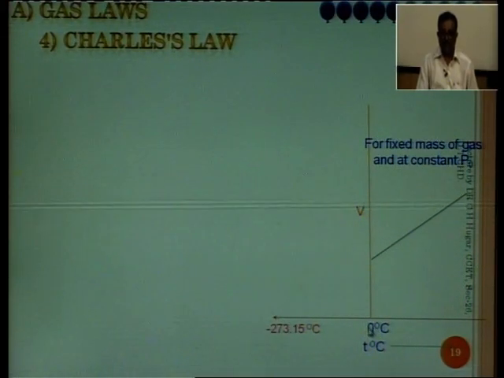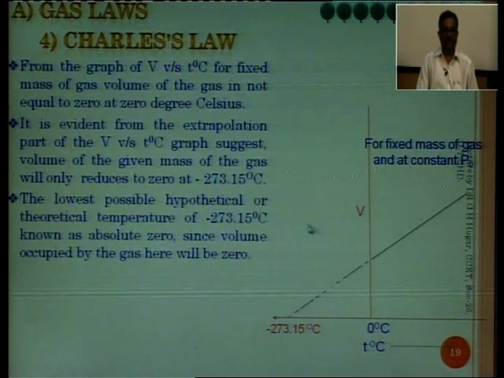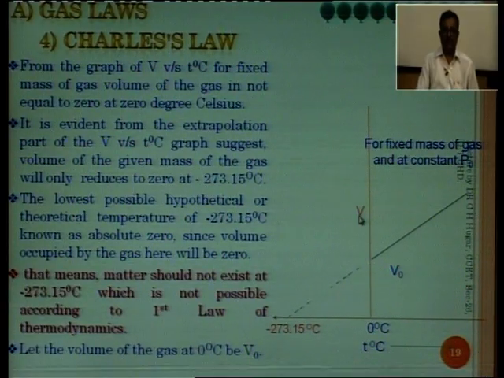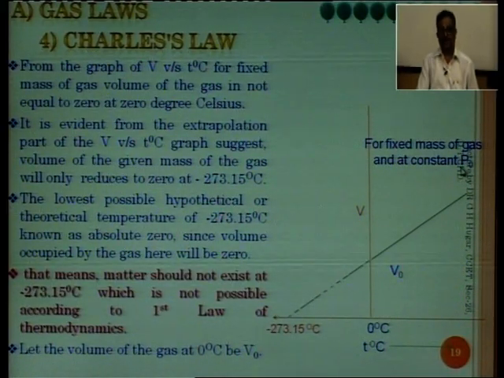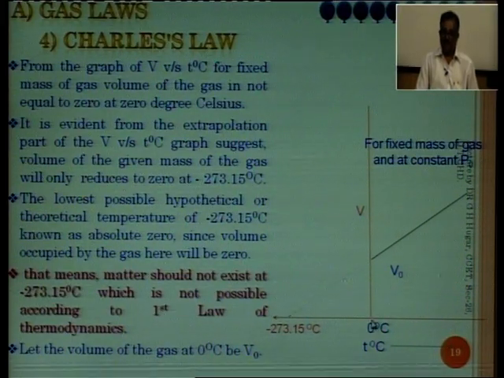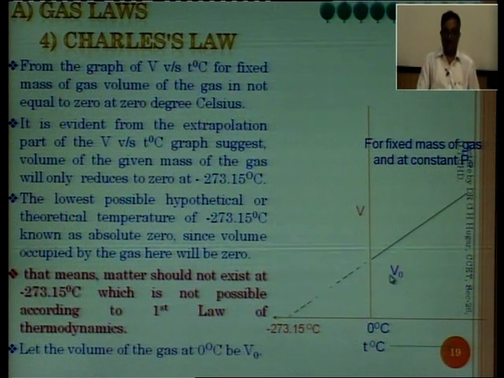So, temperature is 0, whereas the volume is not 0. This is a noticeable point. You have to notice this point when we plot the graph of volume versus temperature in degree Celsius for a fixed mass of a gas at constant pressure: no doubt the volume will increase with increase in temperature. However, when the temperature reaches 0 degree Celsius, the volume of the fixed mass of a gas you have taken can never be equal to 0.